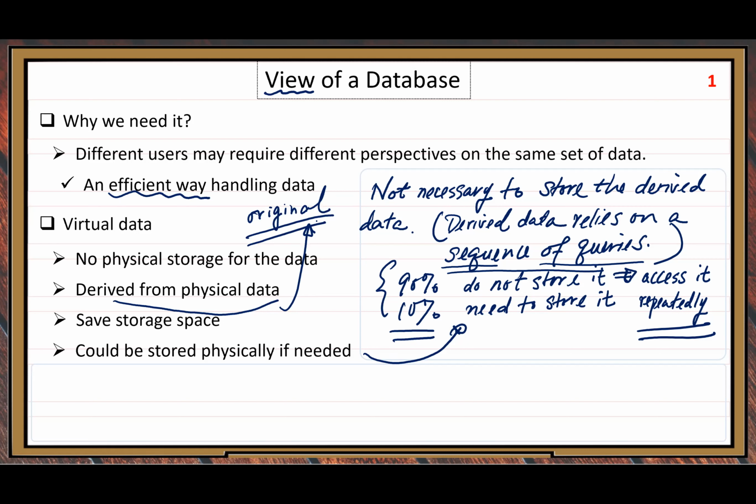When your original data changes, your derived data also changes. That's normal, but we need to be aware of it.